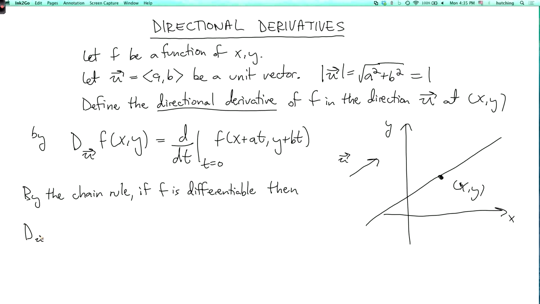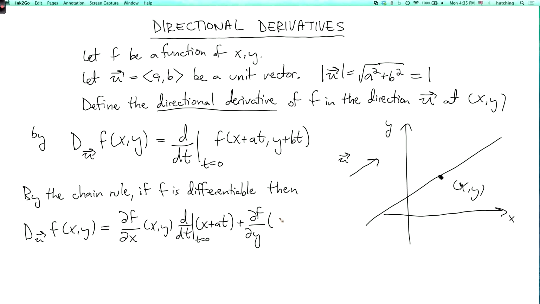So we get D_u f of xy equals partial f partial x at xy times d/dt of x plus at at t equals 0, plus partial f partial y at xy times d/dt of y plus bt at t equals 0.